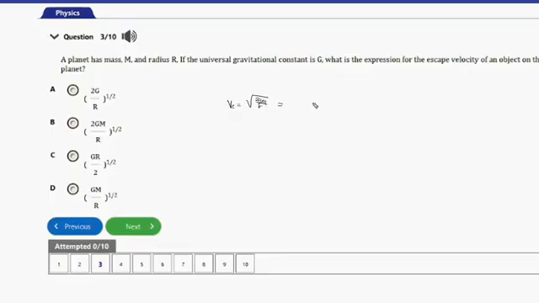Now if we relate this to the options we have here, the option that will suit this is (2GM over r) to the power of 1 over 2. So the answer to this question will be option B, and that's it for this question. Let's go ahead and consider the next question.